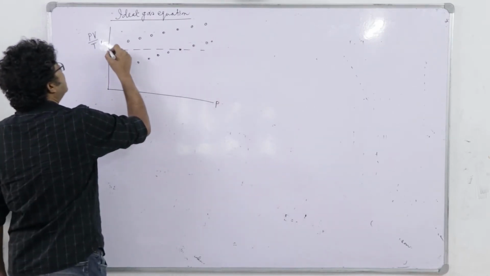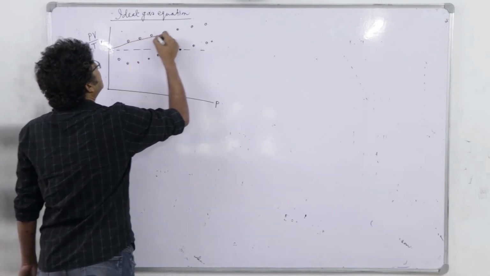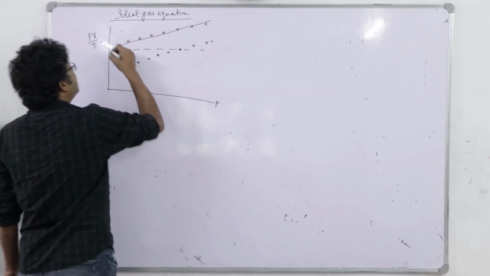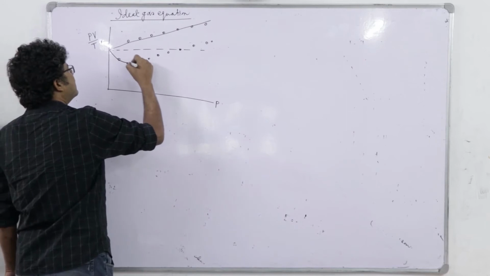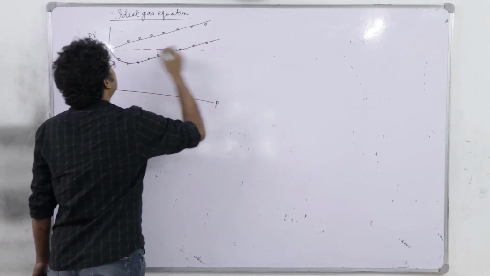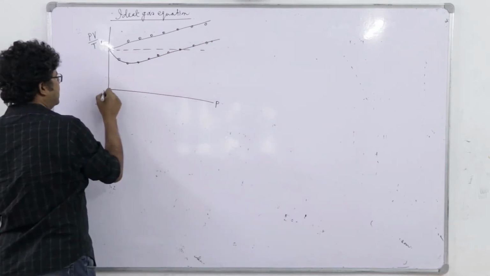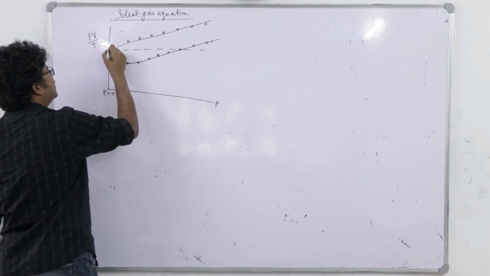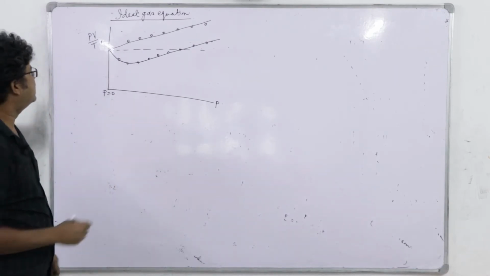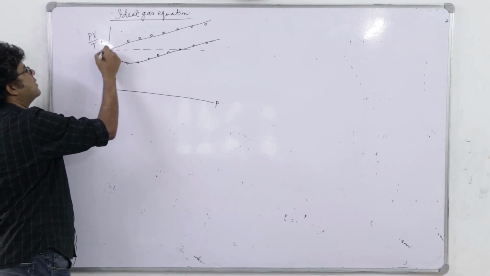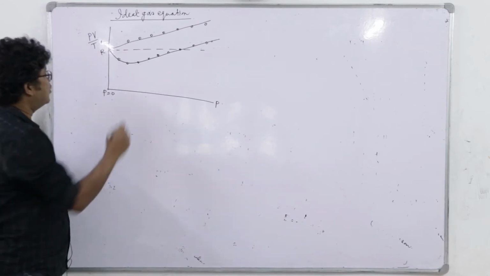Right. Now, if I join them by a smooth best fit curve, it will converge at 0 pressure to a universal value, and that is R, right, for 1 mole.